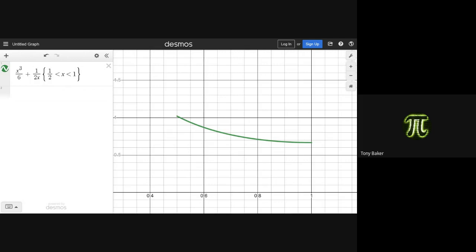So the easiest way to recognize it: if you're rotating around the x and it's in terms of y equals, you put the function. If it's in terms of x equals, you put y. If it's rotating on the y-axis and it's in terms of y equals, put the x.